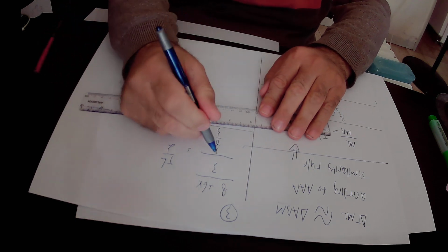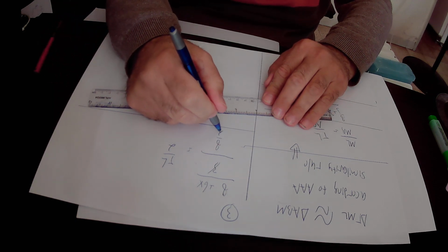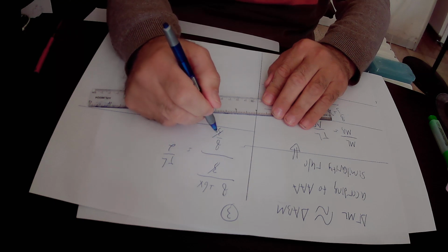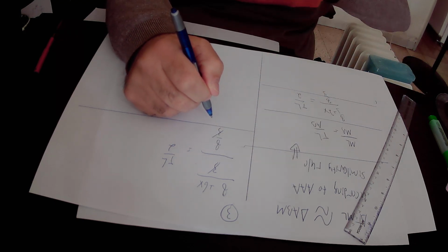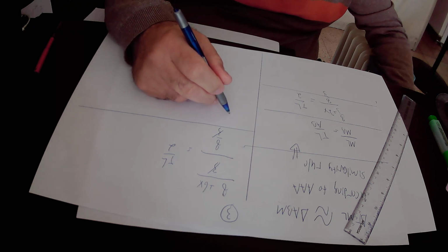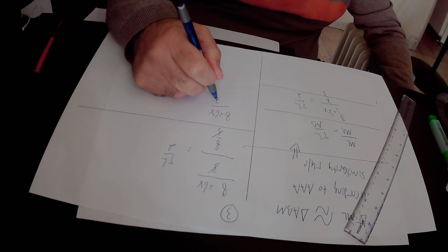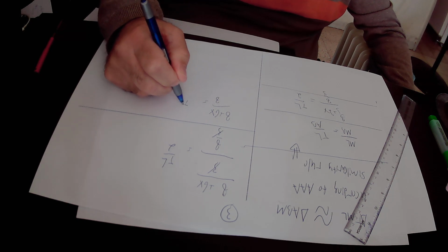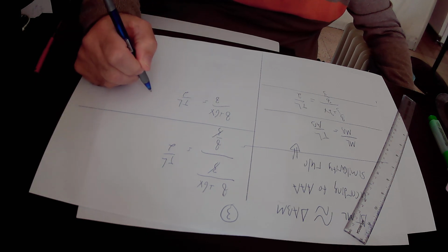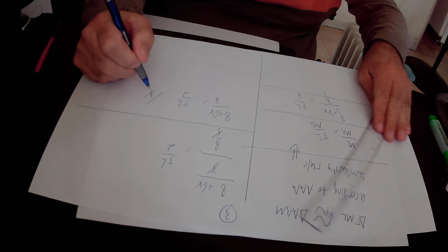So here we have 8 in the numerator and 8 in the denominator, and 3 in the numerator and 3 in the denominator, so 3 will get cancelled, and finally we get that 8 plus 6x over 8 equals TL over 2.